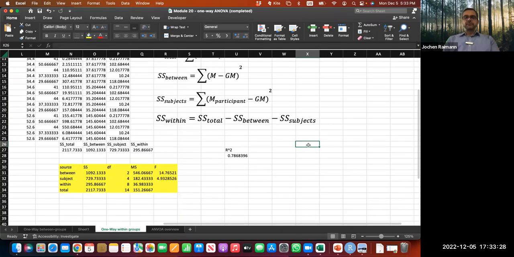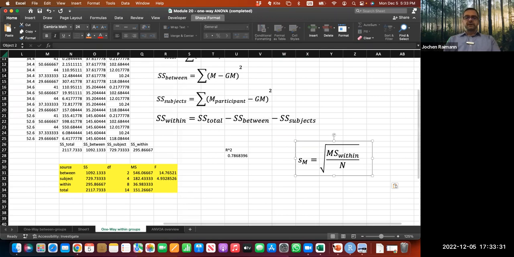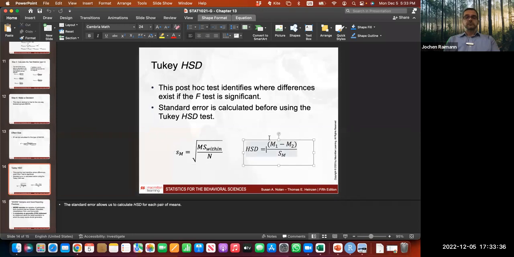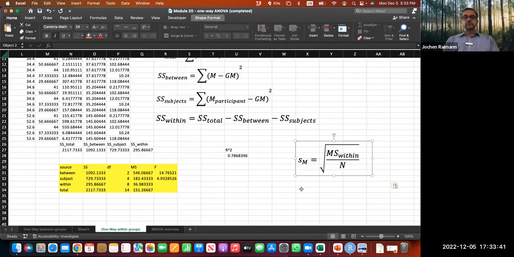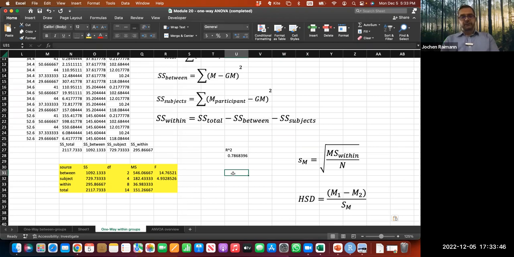If we do Tukey, we're basically calculating now, for 3 groups, we need M1 versus M2, we need M2 versus M3, and we need M1 versus M3. So this time we only have 3 groups, so it's a little bit less involved.